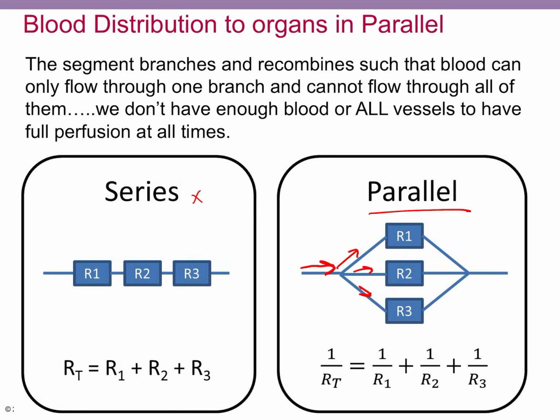But in parallel means the blood comes through one major vessel and then branches, right? So we know this. And then your organs are going to be served in parallel, but you can control. So maybe this organ here, right? Maybe you're exercising and your skeletal muscle needs more blood. So the skeletal muscle is going to receive more blood.